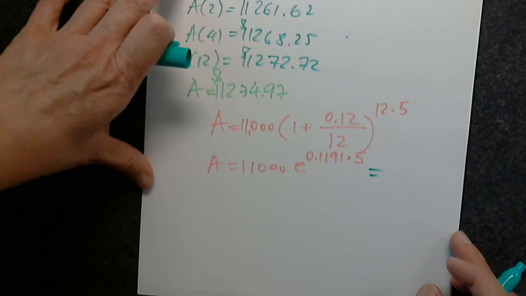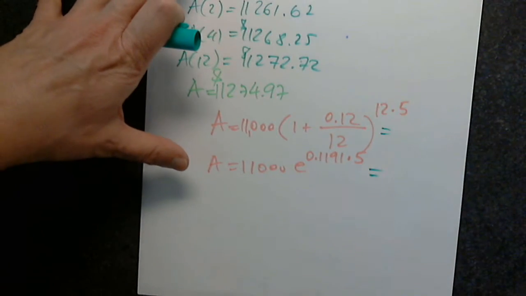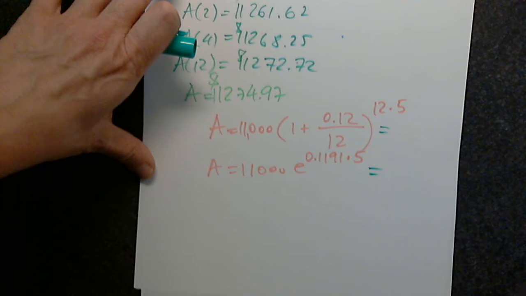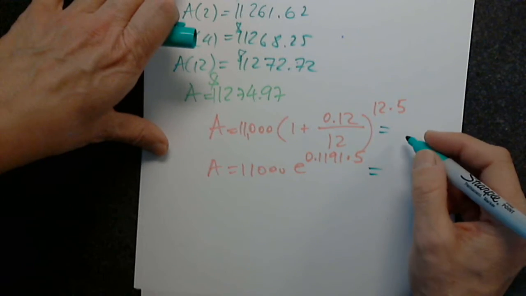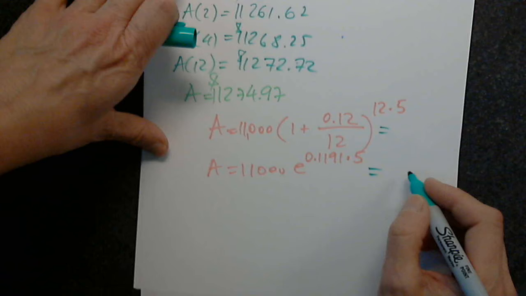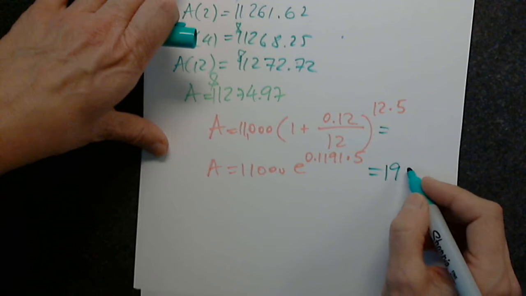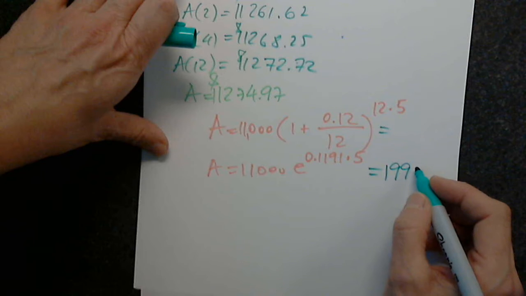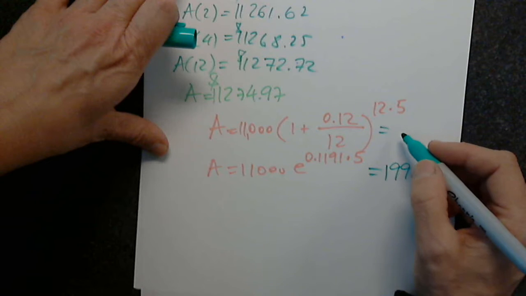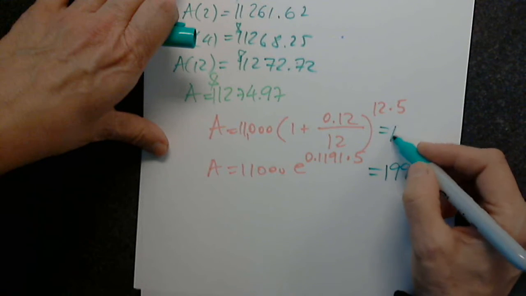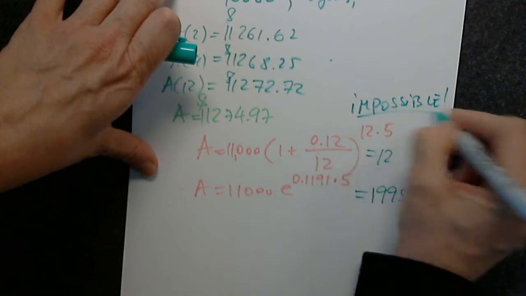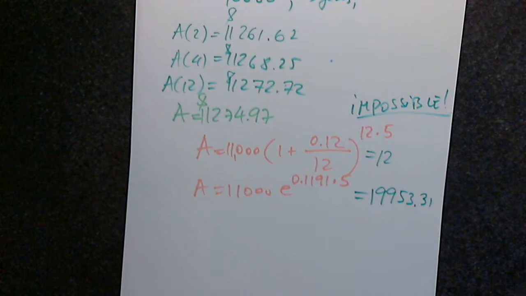Compounded continuously. I have 19,953.31. Yeah, I got that too. Same thing. 12,456.9. I got 11,679.85. Impossible. Let's do it together.